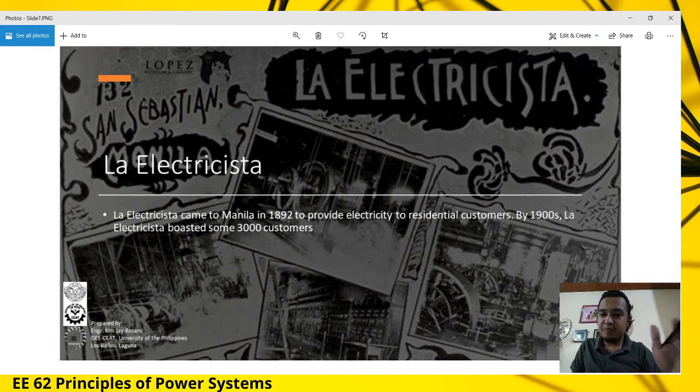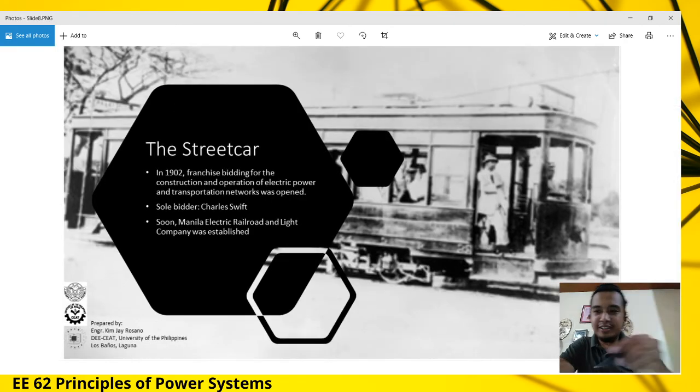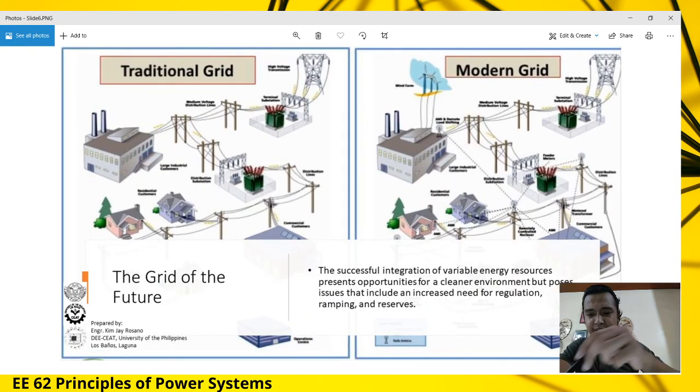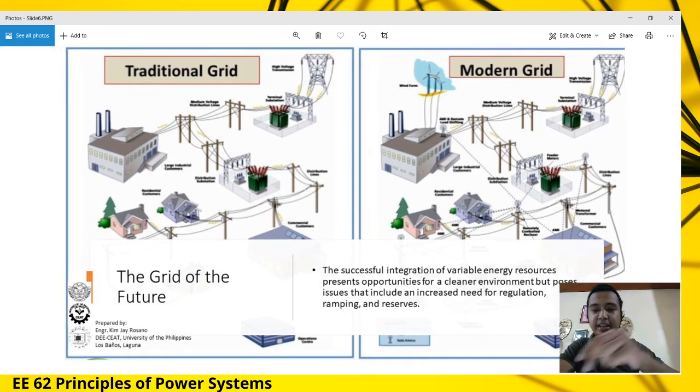So sila yung nagdala ng well, hindi talaga sila nagdala ng kuryente, but sila yung nag-develop ng power system dito sa Pilipinas. And then later on, actually I find this in an article, all of this almost. Yeah, I'll show you my references later on kung nasaan sila.